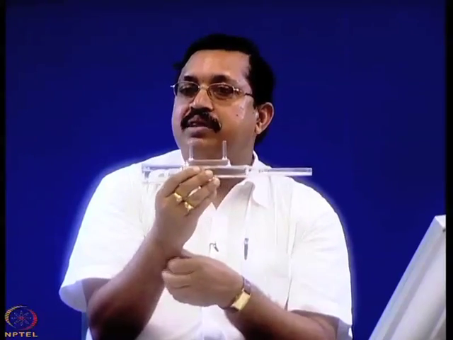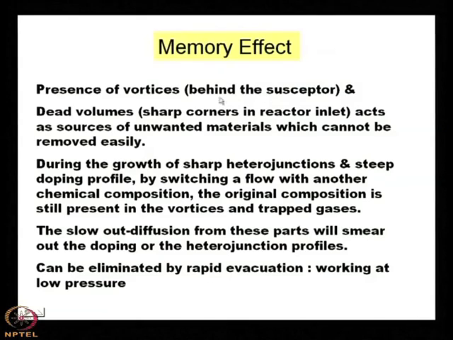Trace amounts of those materials can be there behind the susceptor and in the sharp corners in the reactor inlet, which cannot be removed easily. So, how can it be removed?